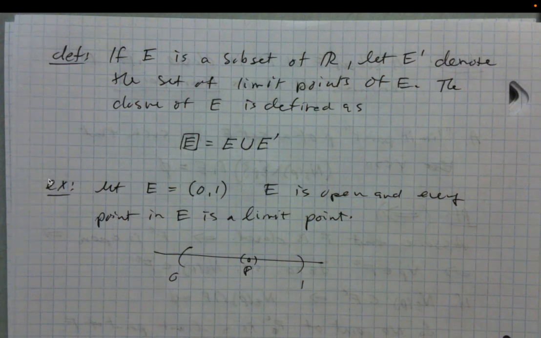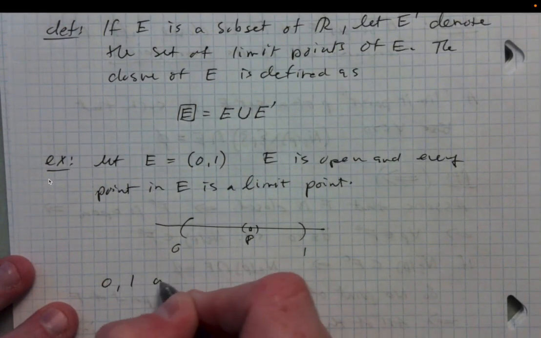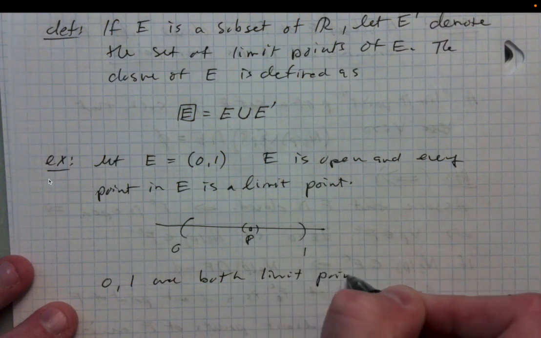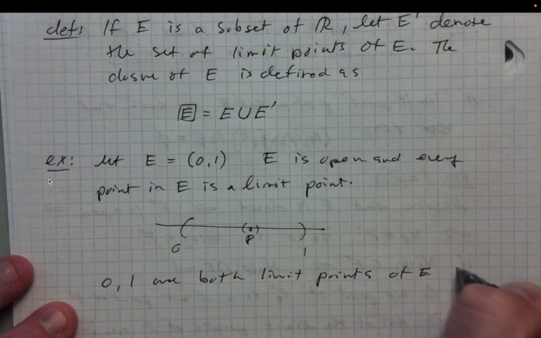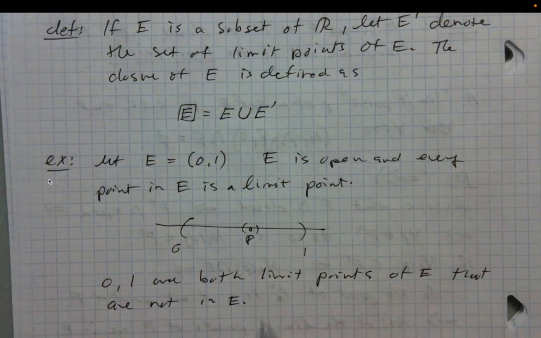Are there any other limit points, though? Well, yes. There are two of them, right? 0 and 1 are both limit points of E that are not in E. That's why E is not a closed set. It has two limit points that are sort of outside of it.